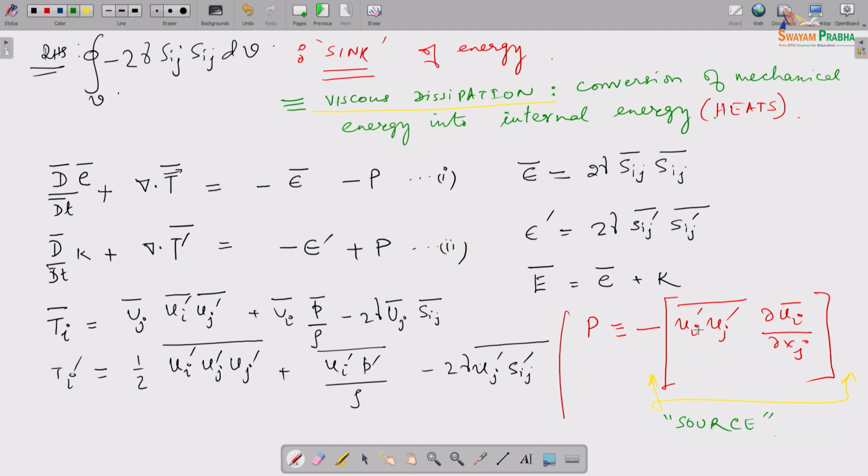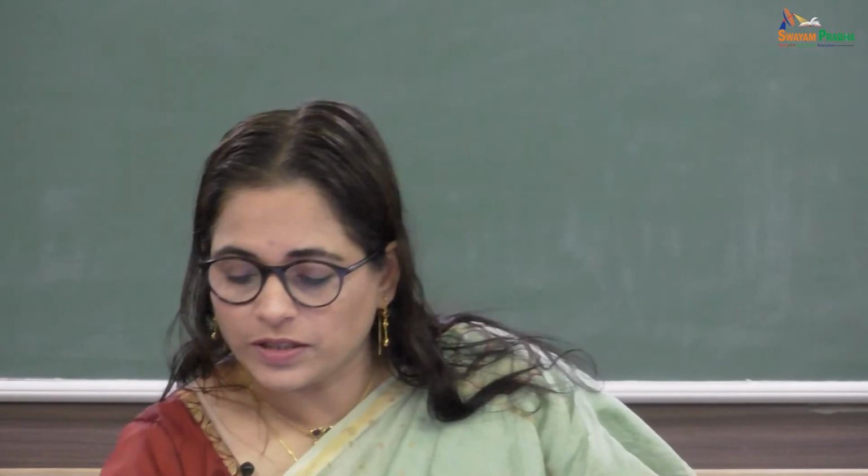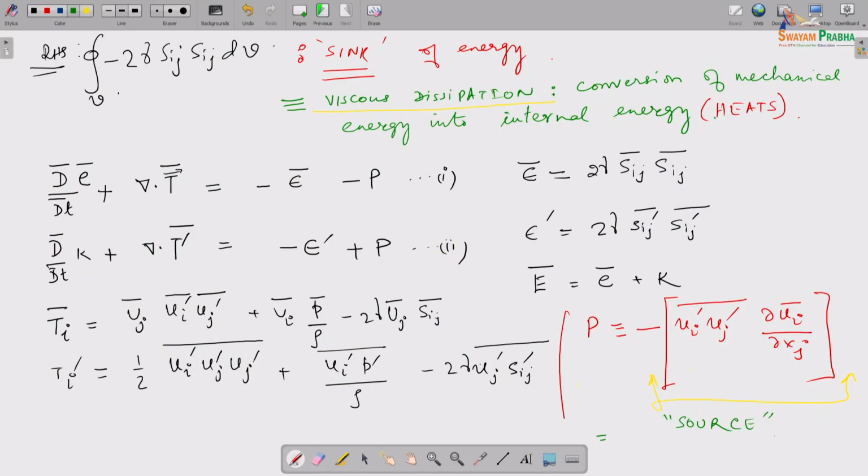So we say that this is resulting in the production of turbulent K, or simply production.